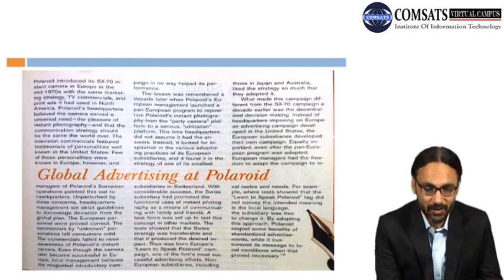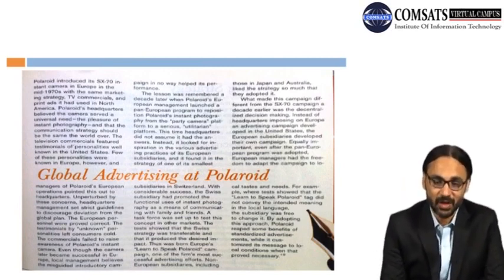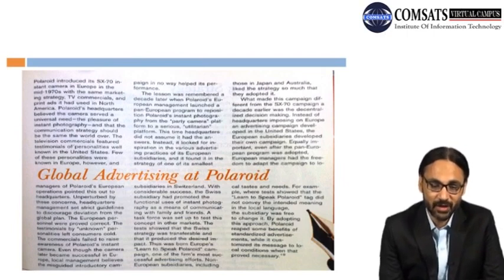Polaroid introduced the SX70 instant camera in Europe in the mid-70s with the same marketing strategy, TV commercials and print ads, it had used in North America.